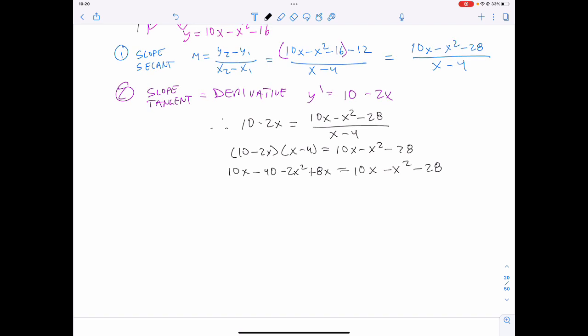When I move everything to one side, then I'm going to get x squared minus 8x plus 12 is equal to 0, or x minus 2 times x minus 6 is equal to 0, which means that I have two possibilities here. I have x is equal to 2, or I have x is equal to 6.